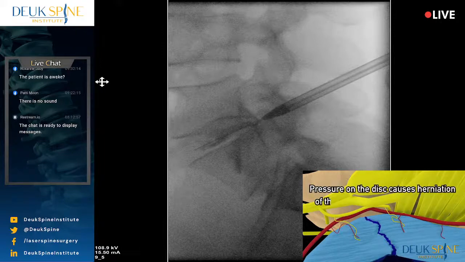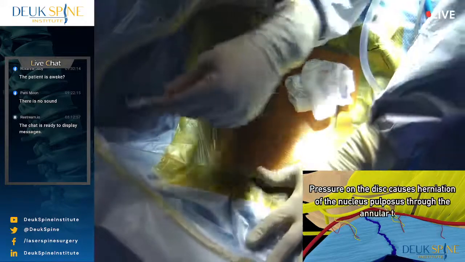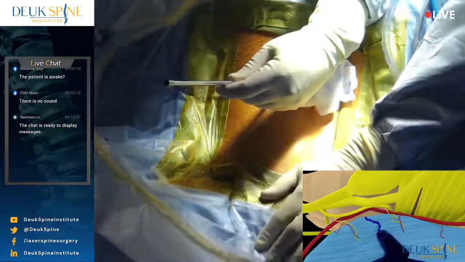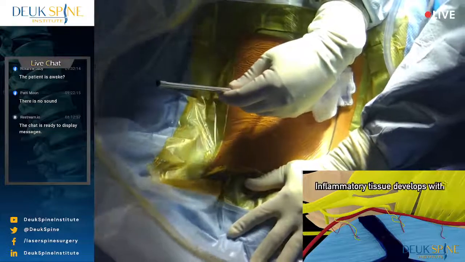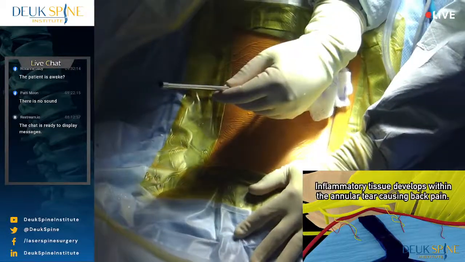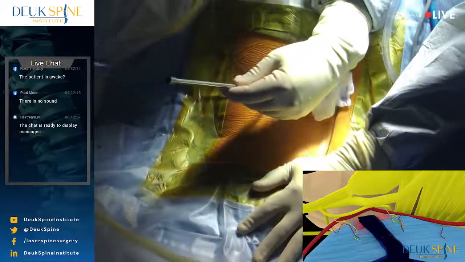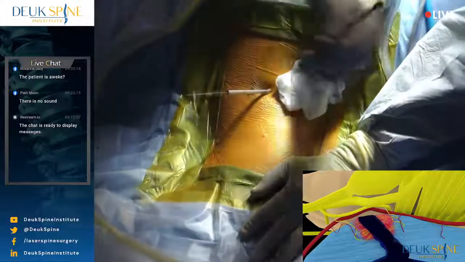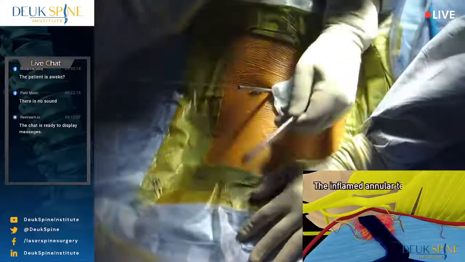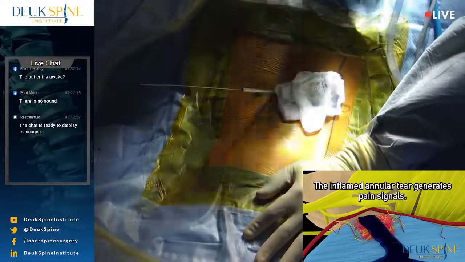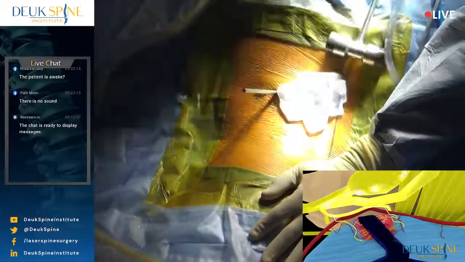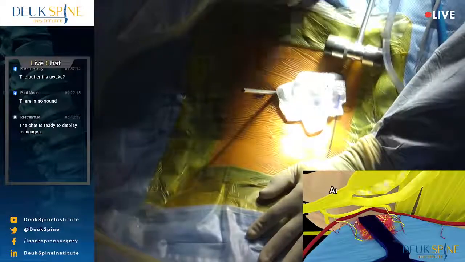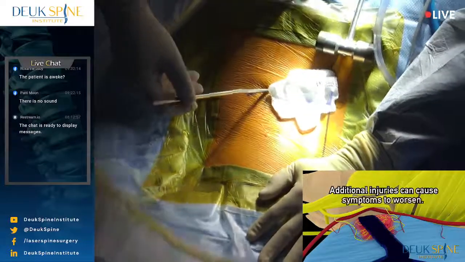Pressure on the disc causes herniation of the nucleus pulposus through the annular tear. Inflammatory tissues develop within the annular tear, causing back pain. The inflamed annular tear generates pain signals. Additional injuries can cause symptoms to worsen.